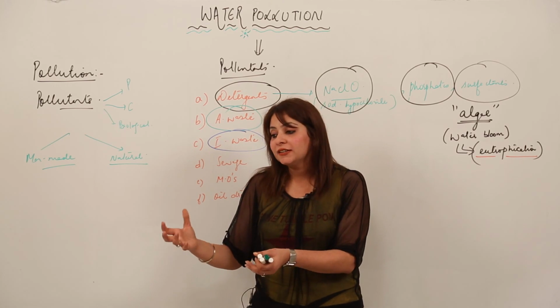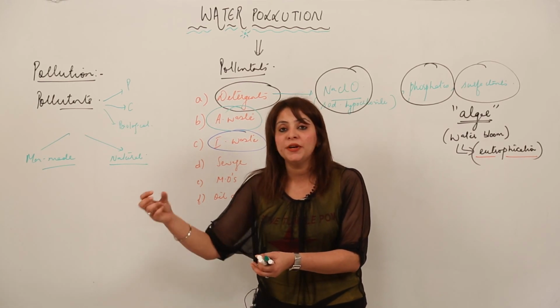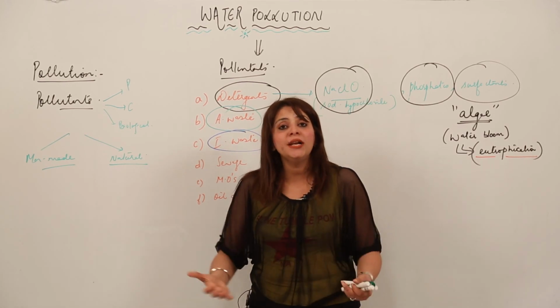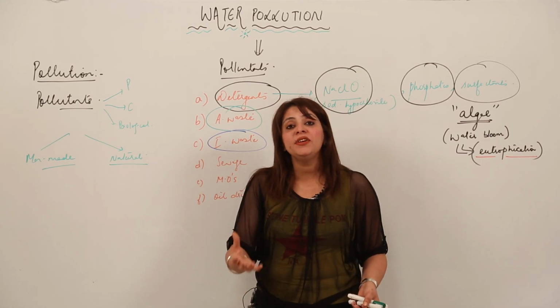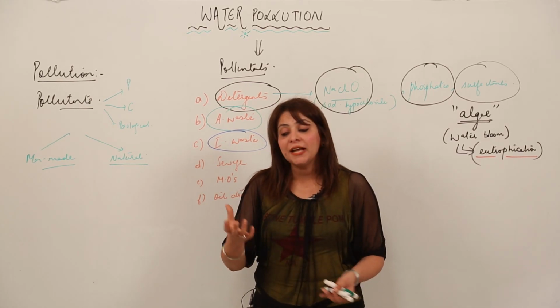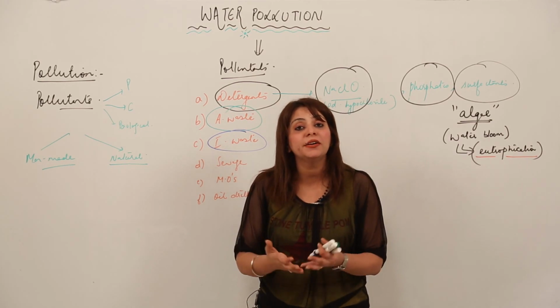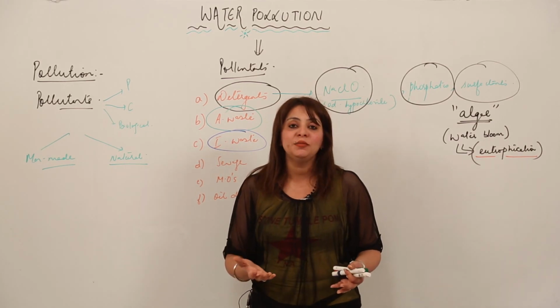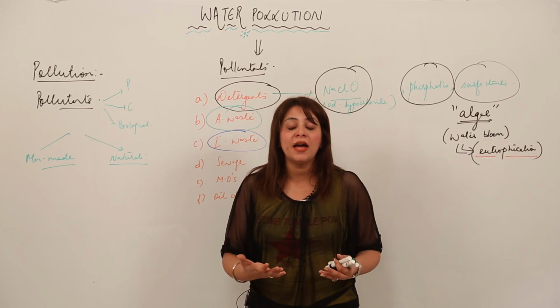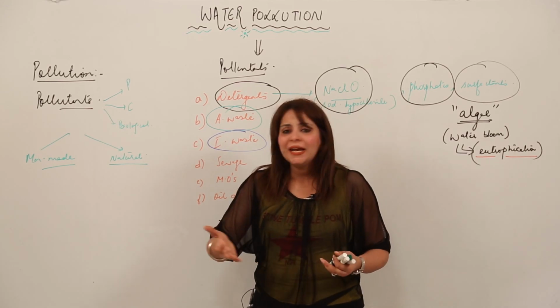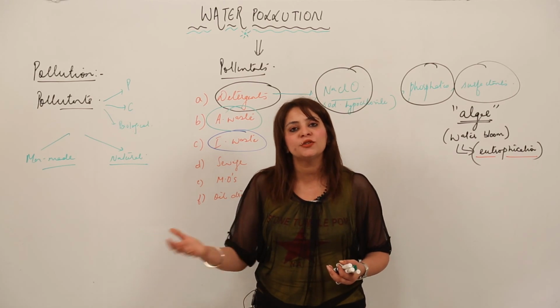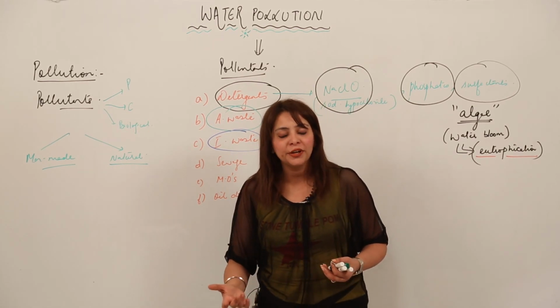So directly or indirectly this methyl mercury is present in that fish also, and we are all fond of eating fish. When we eat the fish, methyl mercury enters our body and causes the disease, mercury poisoning. So obviously it has an adverse effect on our body or any other member of the food chain, and it affects the ecosystem, right?